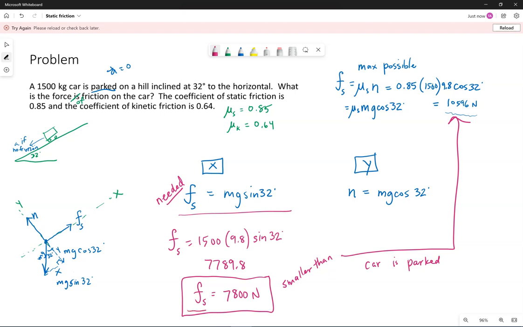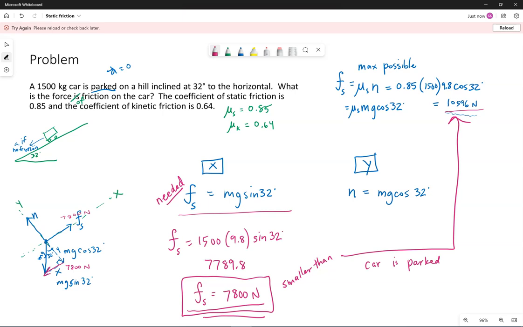That also means this 7,800 newtons is the force of static friction on the car. The force of static friction can be any value up to this maximum value. In this case, the friction needs to be 7,800 newtons to counteract this 7,800 newtons down the incline due to gravity. That's what's keeping the car parked on the incline.